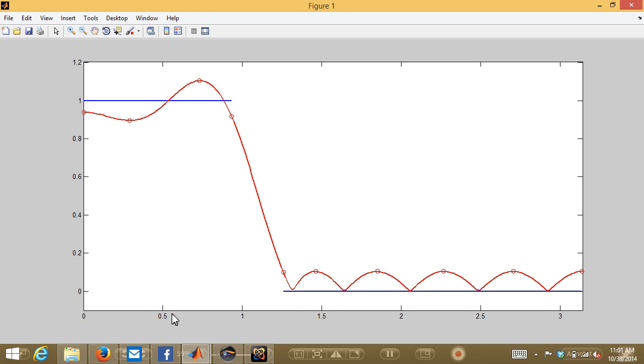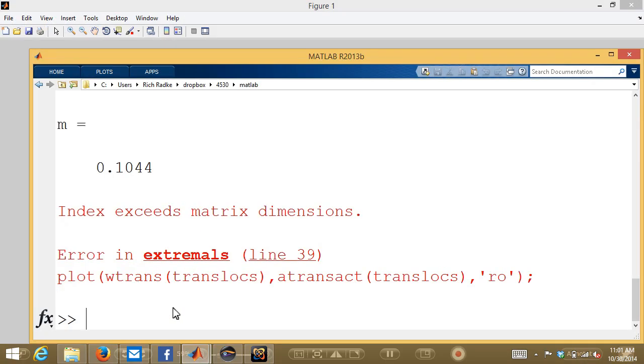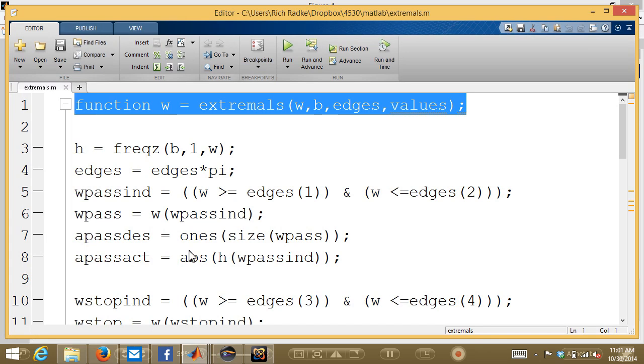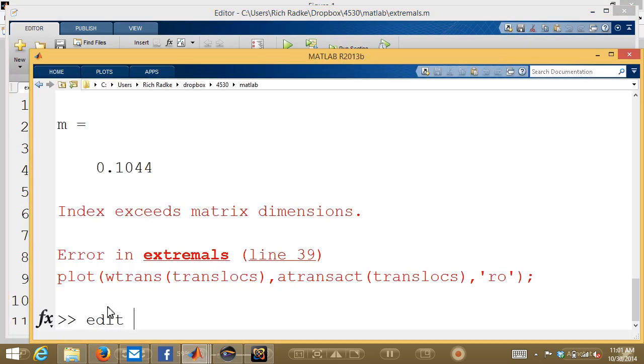So ignore this red dot here. Let me just go back to my extremals for a second here. What doesn't it like? Line 39.